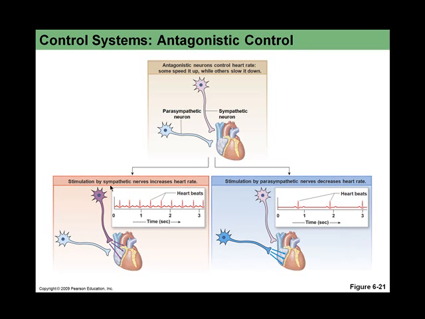So if we stimulate the sympathetic nerve, now remember, each of these is going to have a basal tone. So this is the gas pedal, and this is the brake. I don't know if you've ever been in a car with somebody that had their foot on both the gas pedal and the brake at the same time. Anyway, it's not very good on your car brakes, but it's the way the heart works. Each of these has a basal level.